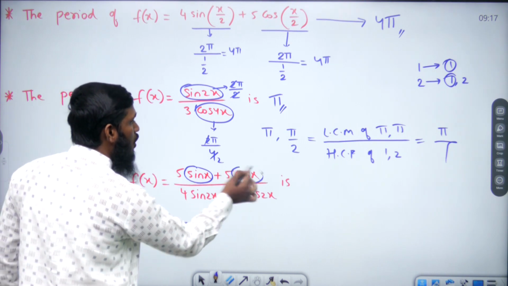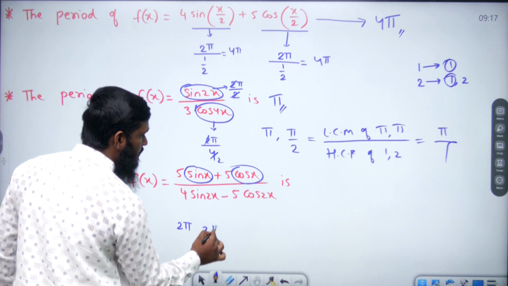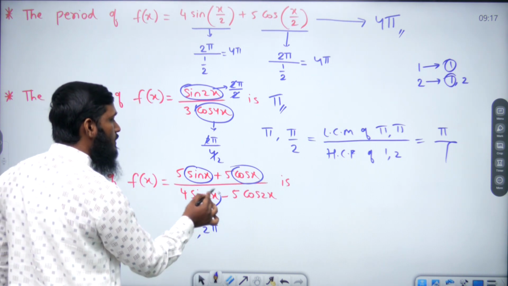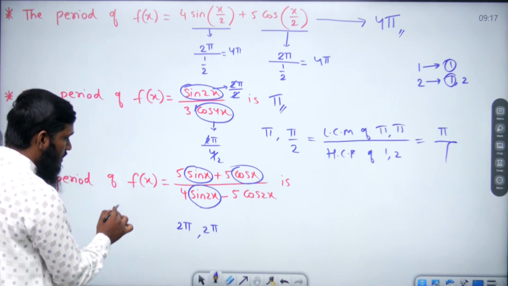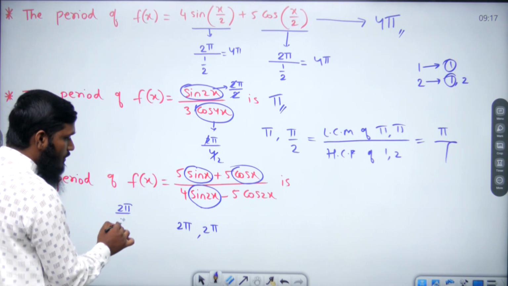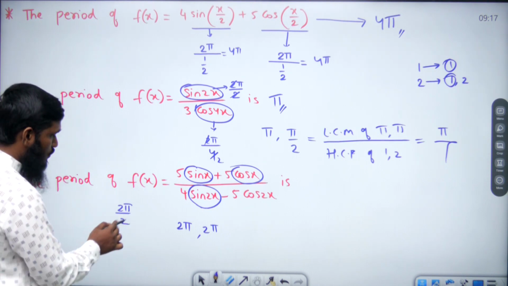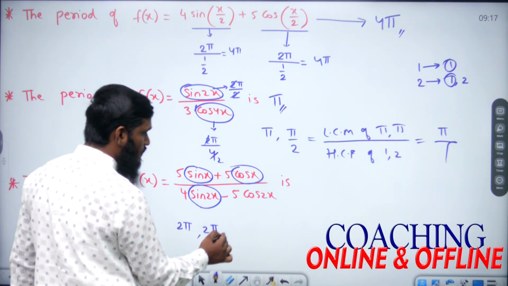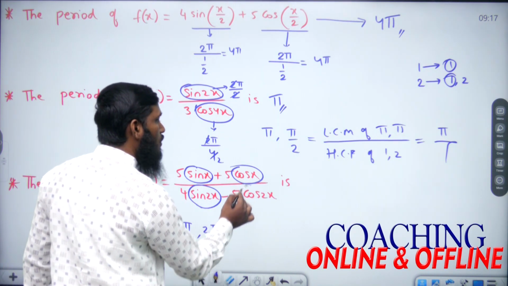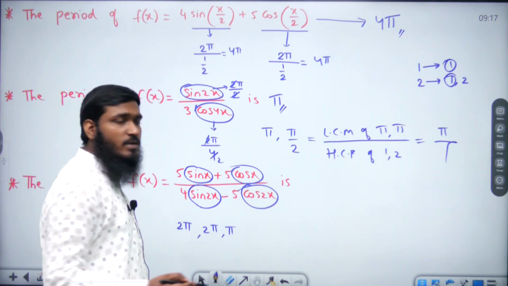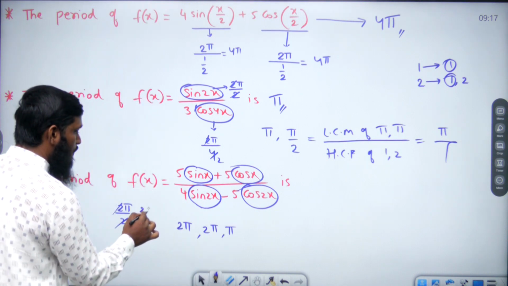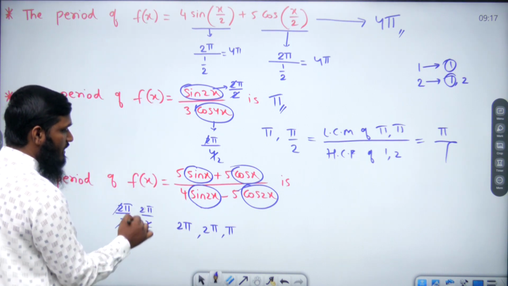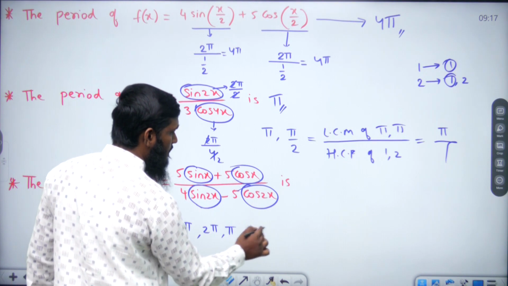Now for cos x, the period is 2 pi. Sin 2x means 2 pi by 2, 2 gets cancelled, so we have pi. Cos 2x means again 2 pi by 2, so the answer is pi.